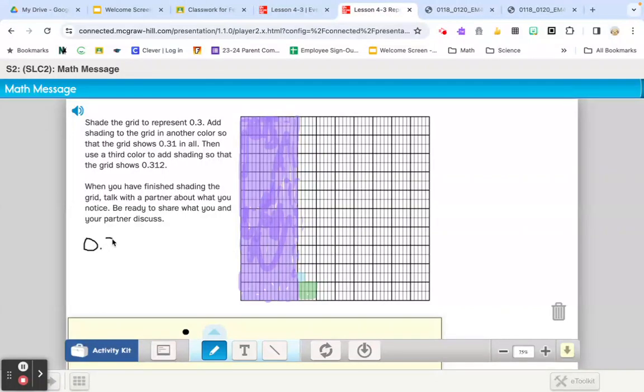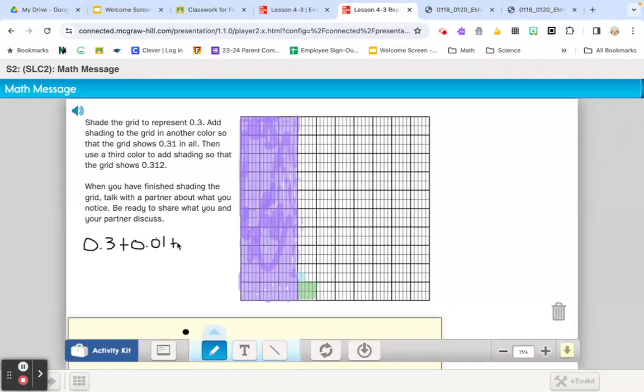3 tenths plus 1/100th. Remember, we have nothing in our tenth spot and a 1 in our hundredths.